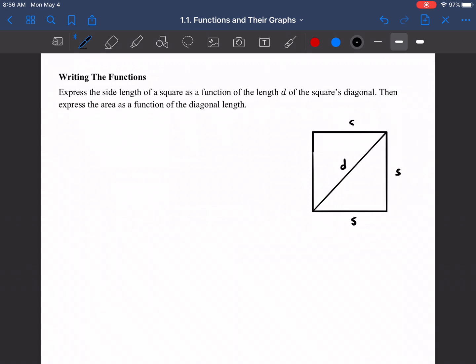It's a square, so every side has a length of s, and these corners are right angles. Ultimately we've been asked to express the area as a function of the diagonal length.